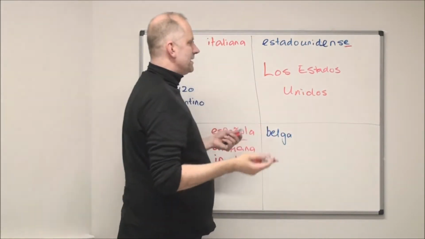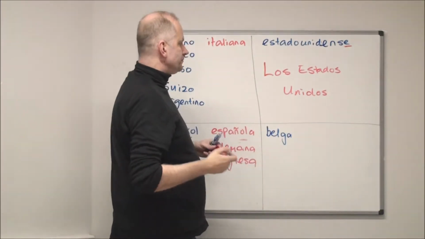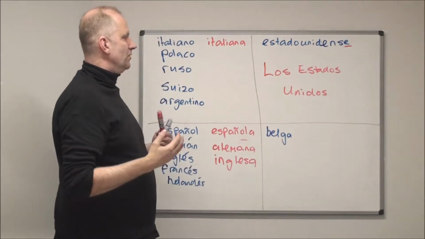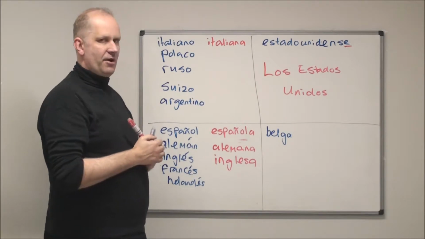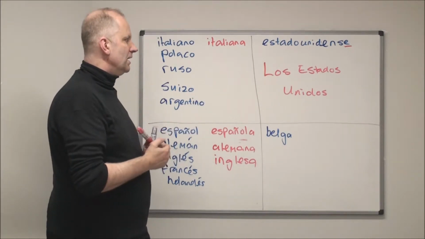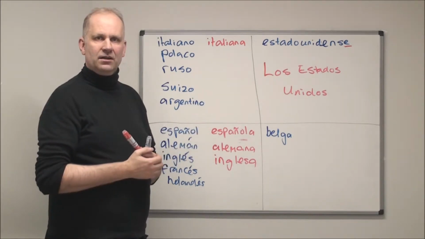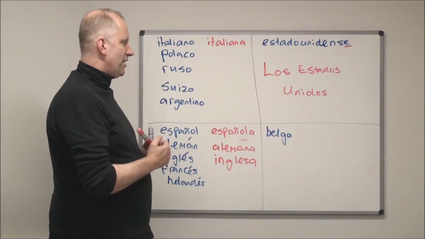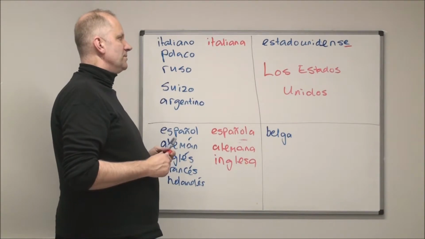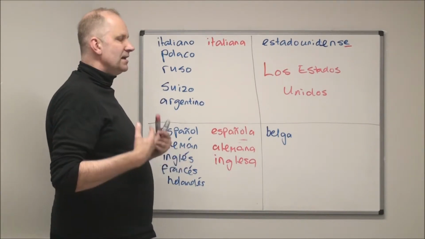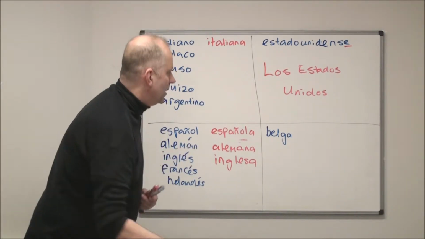Now you can say Americano, Americana, but it's a bit vague. It just means somebody from anywhere in the Americas. So somebody from Canada or Mexico, Colombia, could also be described as American. So it's more accurate to describe somebody as estadounidense, even though it's a bit of a mouthful.